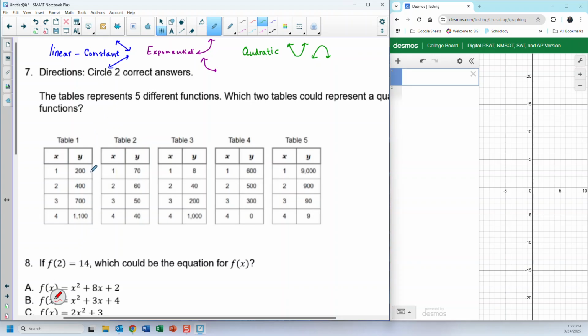Okay, so if I look at table number 1, I see that from 2 to 400 we're adding 200, right? And then if I go from here to here, we're adding 300. And then if I go from 700 to 1100, I'm adding 400 to get to the next number.